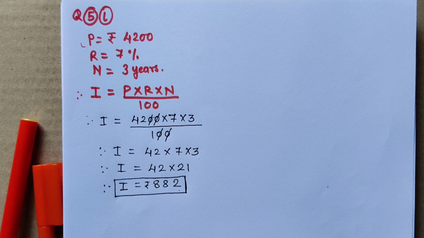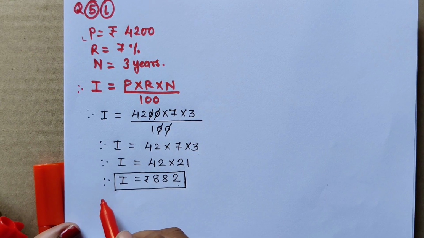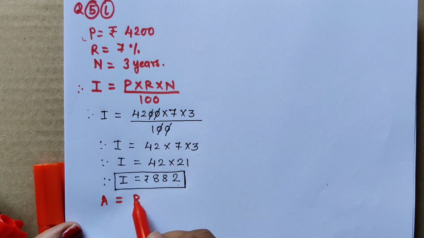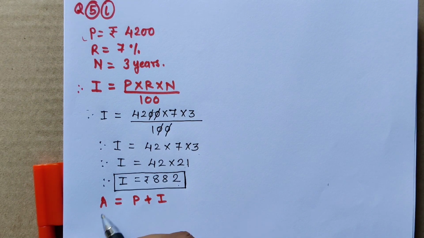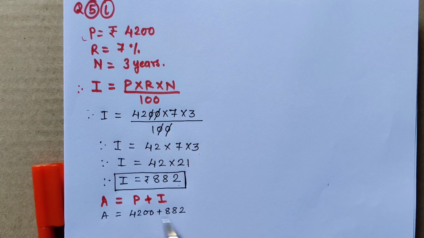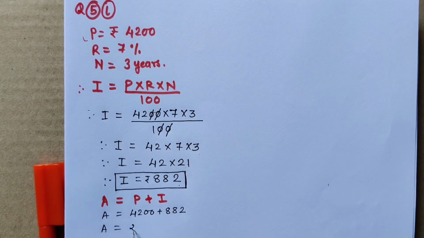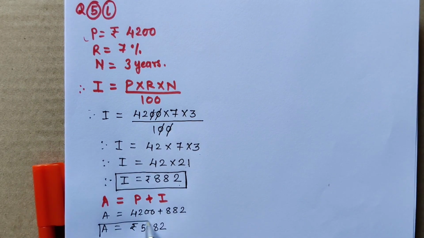Now we have to find the amount. So for amount we will be using the second formula. What is the second formula? A is equal to P plus I. So A is equal to P is 4,200 and I we have got 882. Now solve this. 0 plus 2, 2, 0 plus 8, 8, 8 plus 2, 10, 0 written, 1 carrying, 4 plus 1 is 5. 5,082 is our answer.